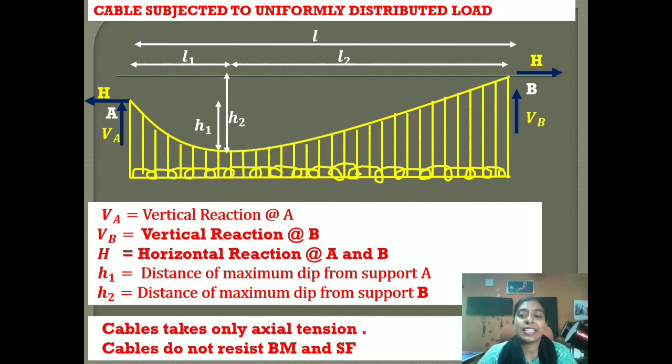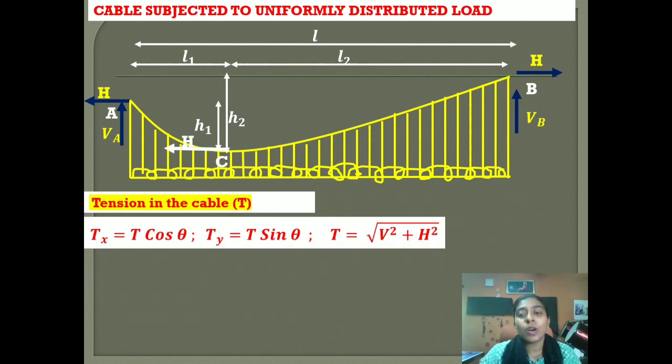Now we have already seen these cables, they take only axial tensile forces. They do not take any bending moment and shear forces. So bending moment and shear force, everywhere it is 0. So now we know the tension in the cable at any point in the cable will be equal to T. Suppose we are taking this point, our tension in the cable will be like this.